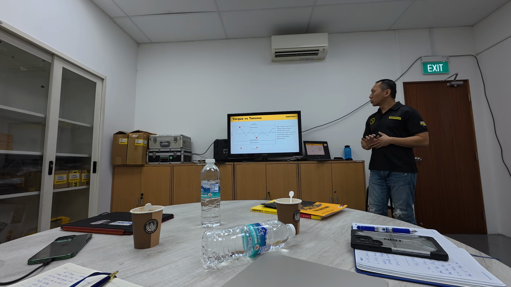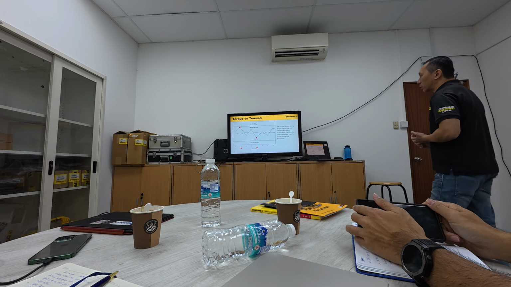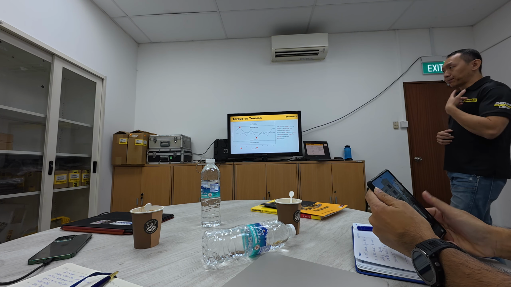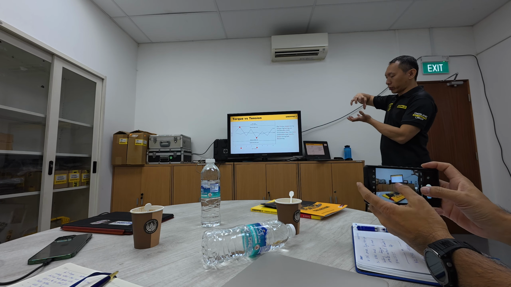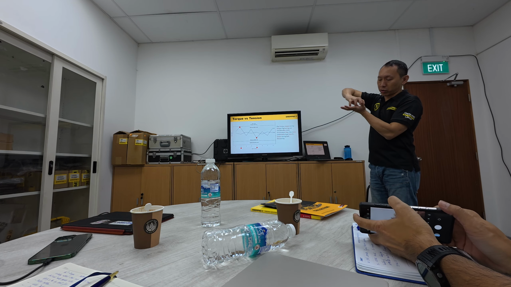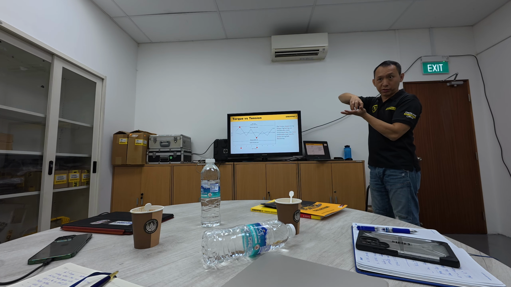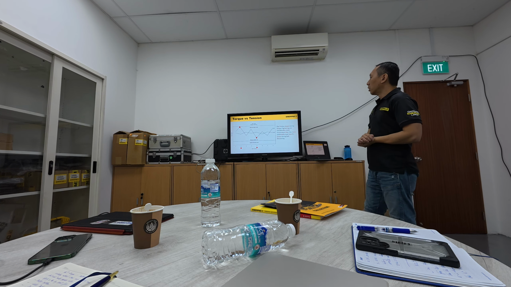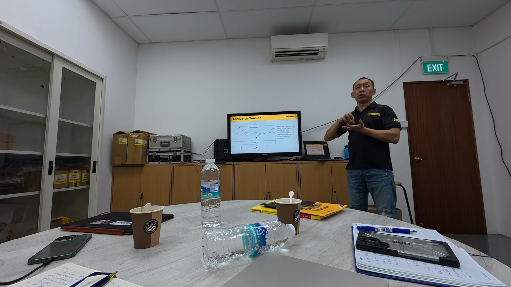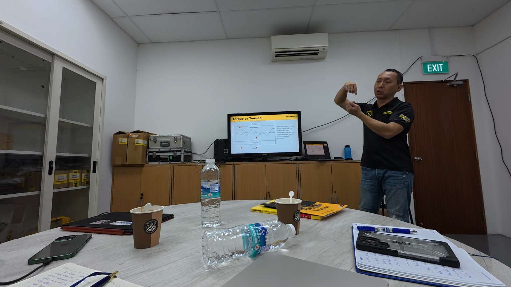Okay, so torque versus tension. Just as I mentioned, when you torque on the fastener, the nut, you are torquing against the surface of the joint. So there will be frictional loss, because you need to overcome the friction of the joint and the nut, and also the threads against each other.